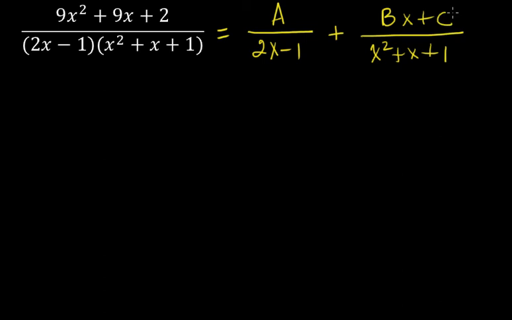That doesn't mean that the numerator will necessarily be linear. b could be 0, in which case we just have a constant.